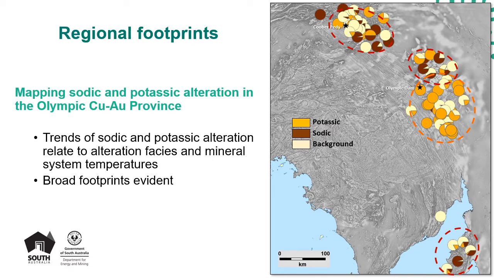While potassic alteration comes in at high temperature and is associated with magnetite-dominated deposits, what we tend to see is that drill holes in magnetite-dominated occurrences retain at least some sodic alteration phases, and so this type of plot effectively shows the distribution of where we get hematite-dominated styles, in the central part of the Olympic copper-gold province, versus areas where we get magnetite dominated to those transitional styles, where we see at least some sodic alteration intervals in the drill holes.